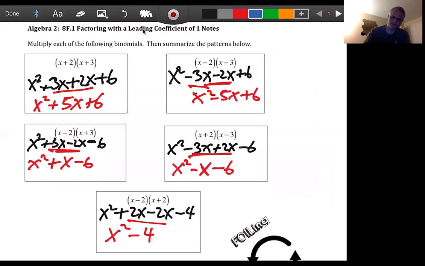For the one that had the plus in the middle, notice that it was plus 3 minus 2. So the plus number had a larger absolute value than the minus number did. And the one that's got a minus in the middle was a minus 3 and a plus 2. So that means the minus had more of an absolute value than the plus.